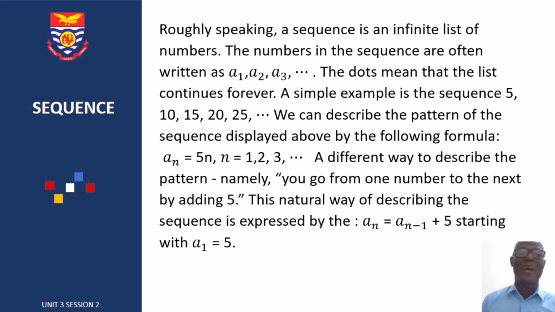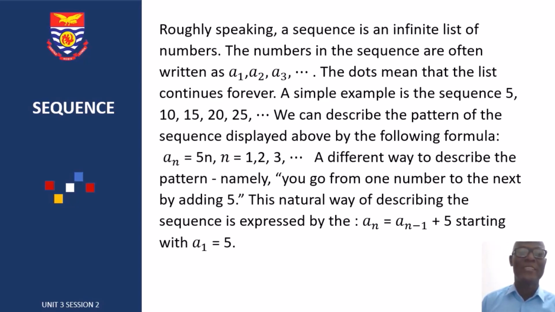These terms are obtained from this general formula because when we take n to be 1, then a subscript 1, which is the first number, and we call it the first term, is equal to 5 multiplying 1, which is 5. That gives the first number, 5.